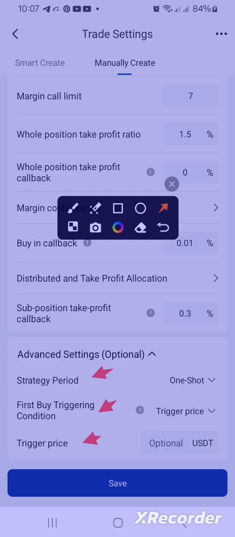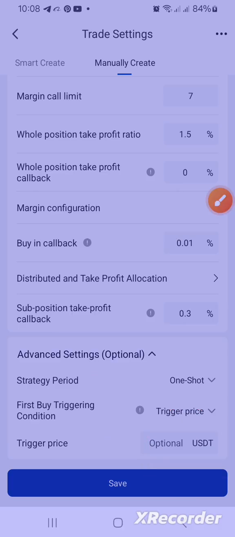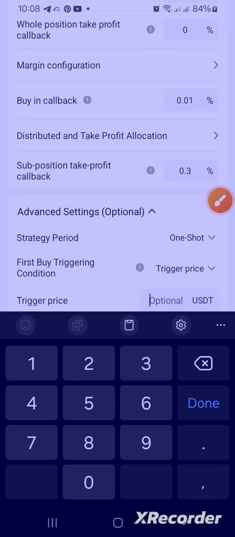Okay, so our interest now will be here, optional, where there is optional. Okay, we shall click there, optional.